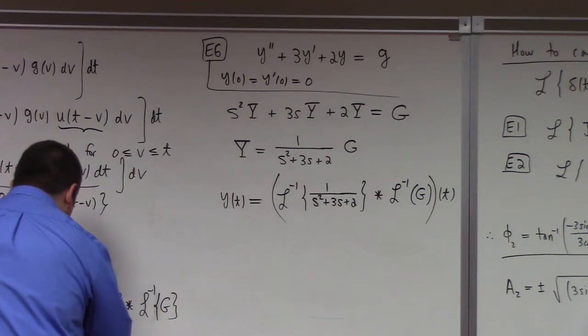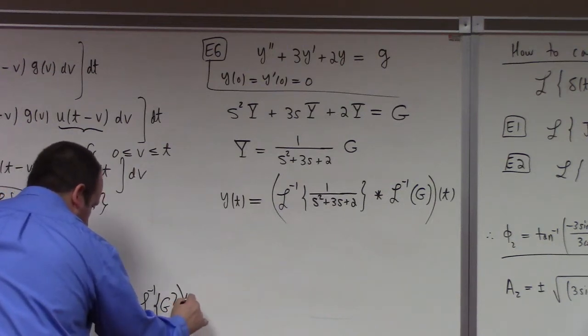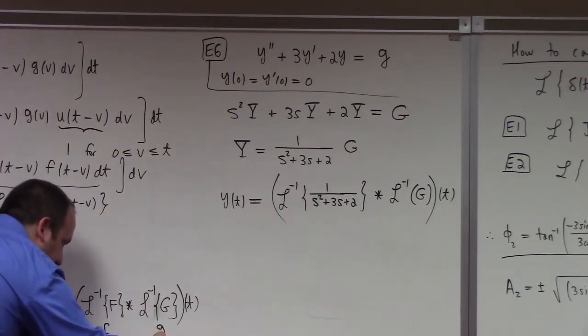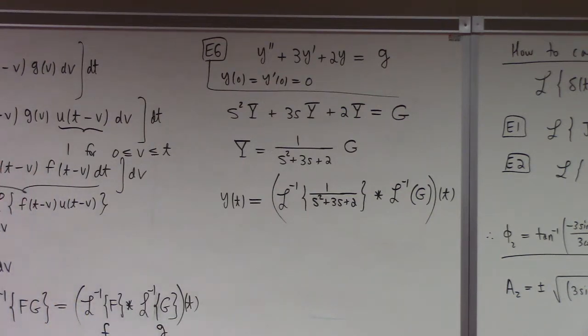I'm just changing the notation. Of course, you could also say that this is f and this is g in our usual notation. But if you don't know what f and little g are, then maybe it's a nice in-between step to have. So it's the convolution of the inverse transforms of those, right?